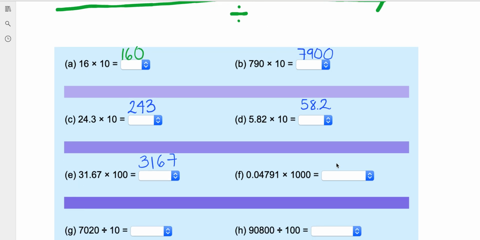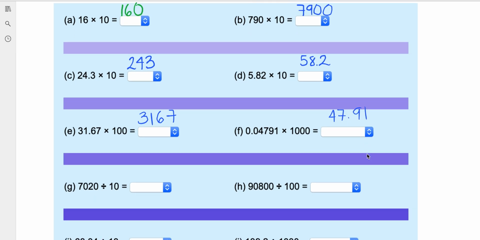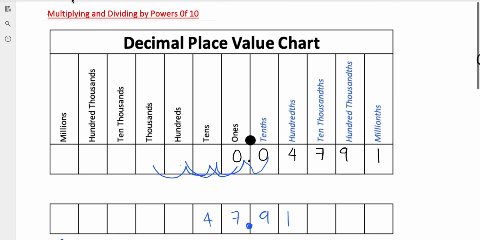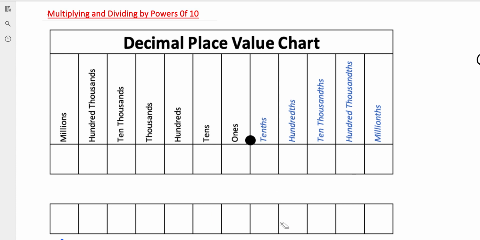So 47 and 91 hundredths. Beautiful. Now 7,020 divided by 10. Oh, 7,020. 7,020 divided by 10.